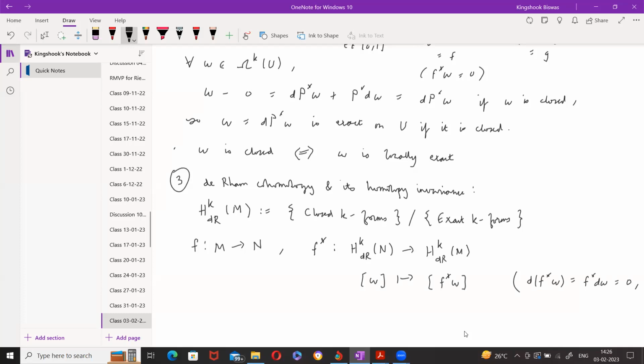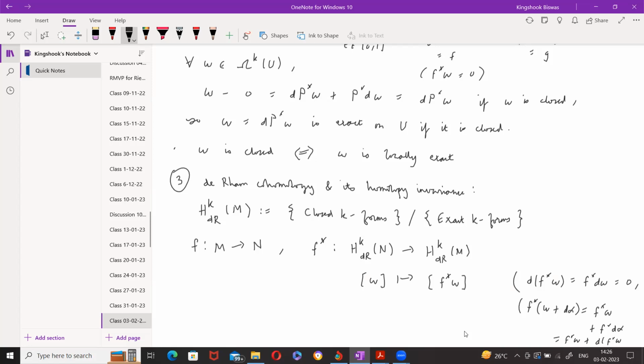Right? And also, if I take a different representative of the same equivalence class, that is of the form omega plus some exact form d alpha, this will become f star omega plus f star of d alpha, and that is f star omega plus d of f star alpha.